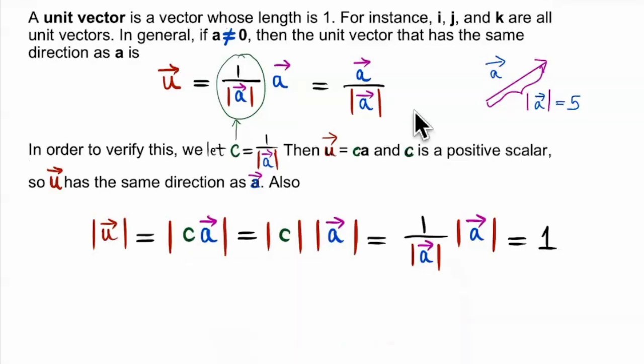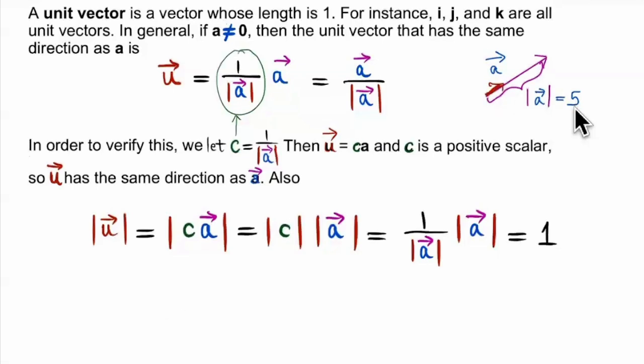Then you will divide this vector here by 5. Then you will get the unit vector. So this vector here, divide by 5, then you will get this unit vector here, the unit vector in the same direction, right?